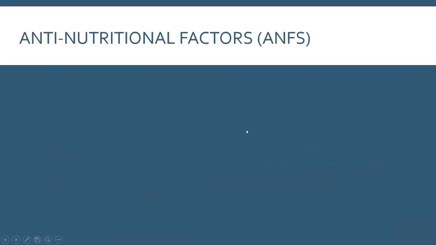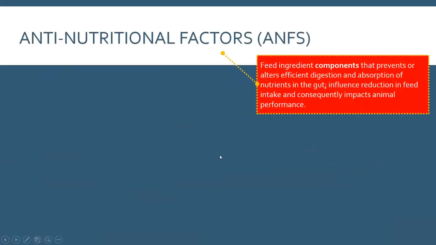So when we talk about anti-nutritional factors, we are talking about these ingredients in the feed that prevent or alter the digestion and absorption of nutrients in the gut. So they can influence feed intake, and usually they would reduce the feed intake, and of course consequently impact the performance of the animals.